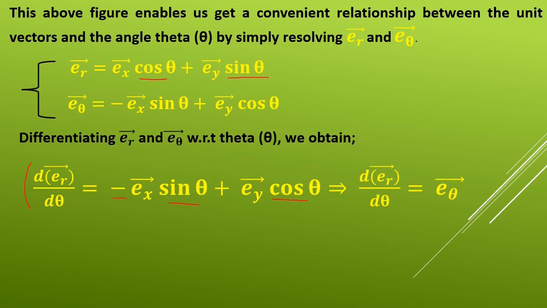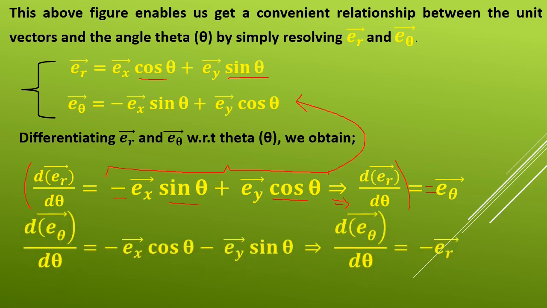So you obtain negative EX sine theta plus EY cos theta. You observe that this expression is actually equal to E theta. That is why we say that the derivative of ER with respect to theta equals E theta.